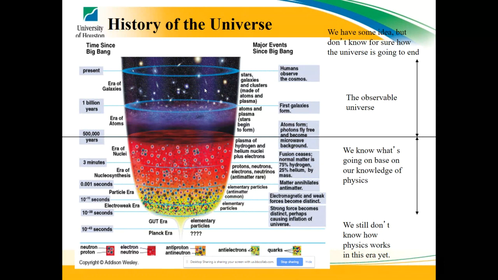Before that, you had nucleosynthesis, where you didn't even have these nuclei floating around. And then you can go back further to where you just had the elementary particles: quarks, antiquarks, electrons. You had this electroweak era, before which the electric and the weak forces were actually combined into one force.